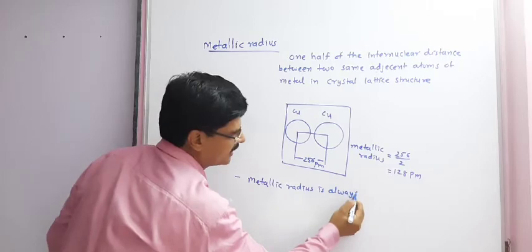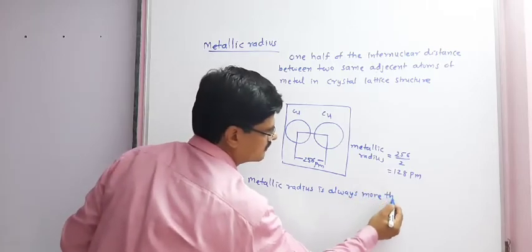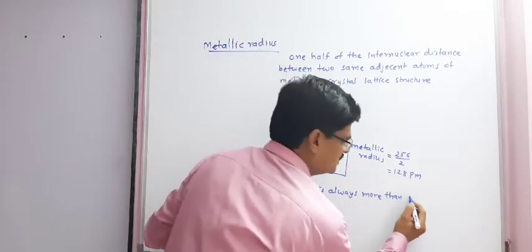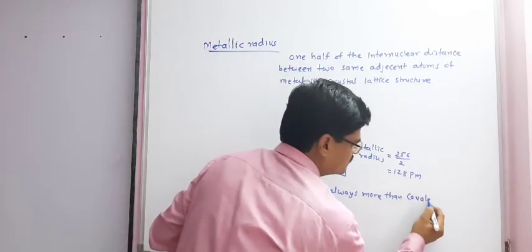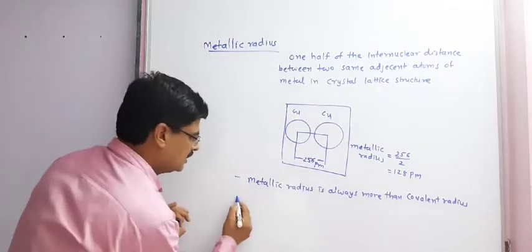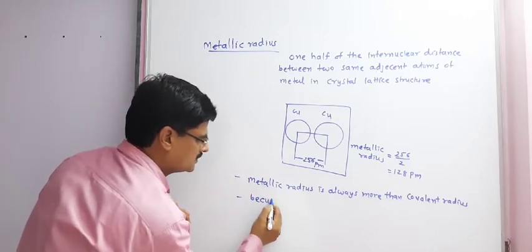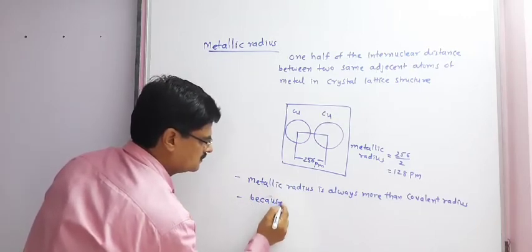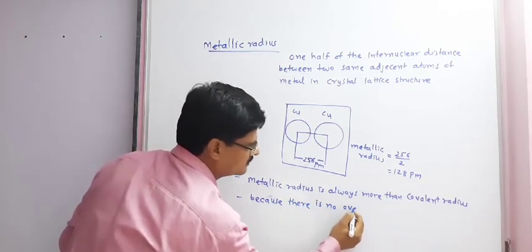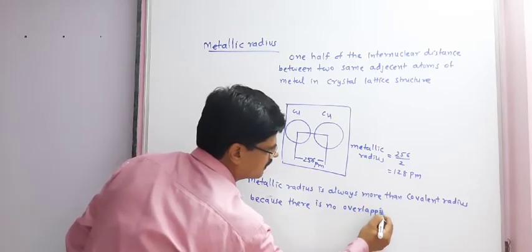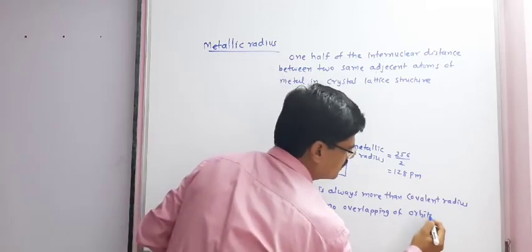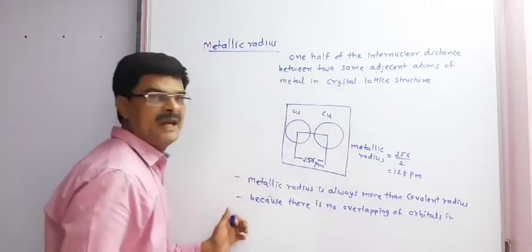Now, metallic radius is always more than covalent radius because there is no overlapping of orbitals in metallic radius case.